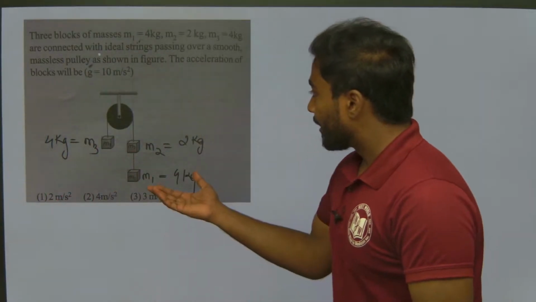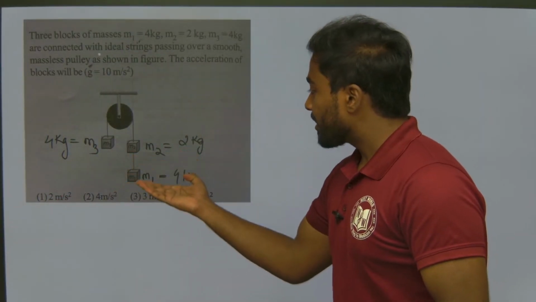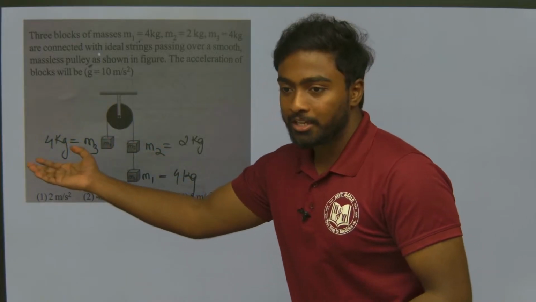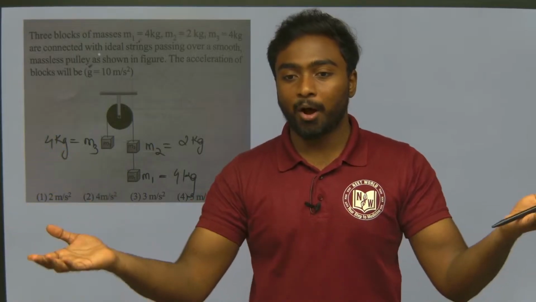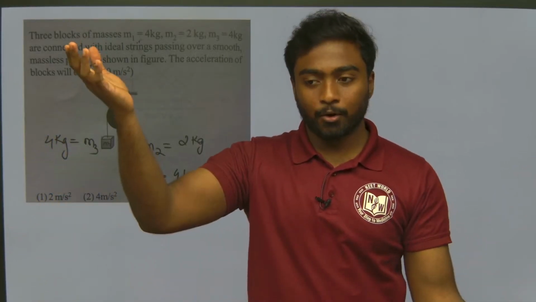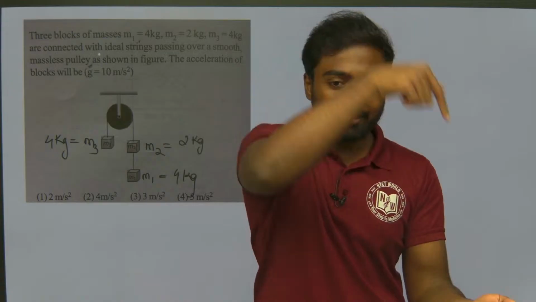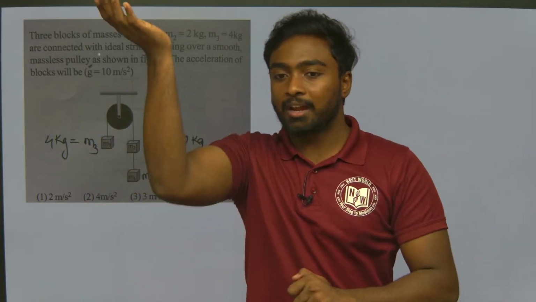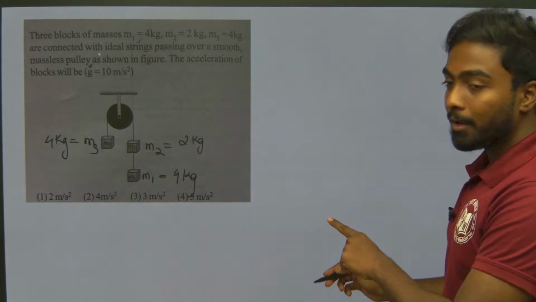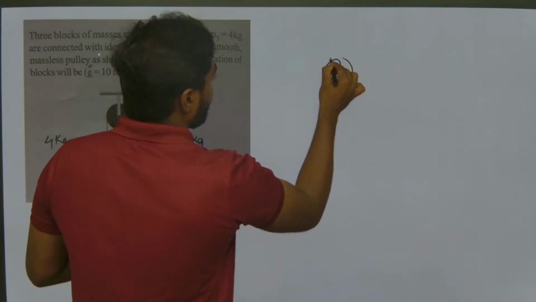Now if I consider here 2 kg and 4 kg, and on one more side it is 4 kg. So total 6 kg, versus 4 kg. In which direction will the object move? Towards like this, no? So if it's going like this, acceleration for this will be towards down. If it is going like this, acceleration for this one will be towards up. So the free body diagram will be looking like this.